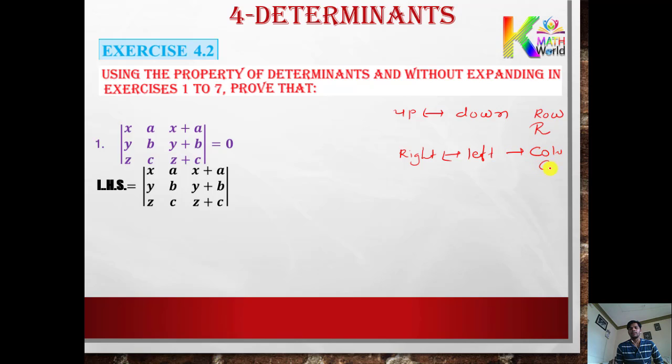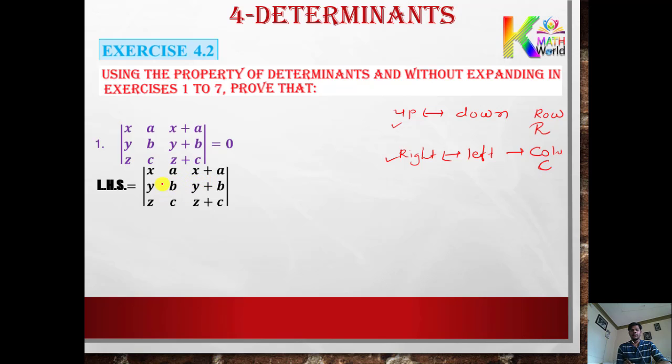Column operation means operations on C are performed. So here, to make similar elements like this, we have to move from left to right or right to left, so column operations are performed. And suppose you have other cases in which you have to move from up to down or down to up, then you have to use row operation.